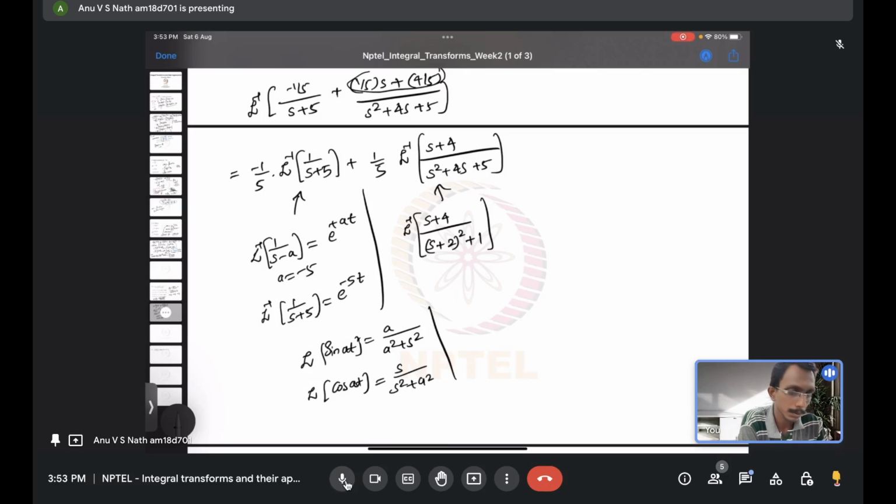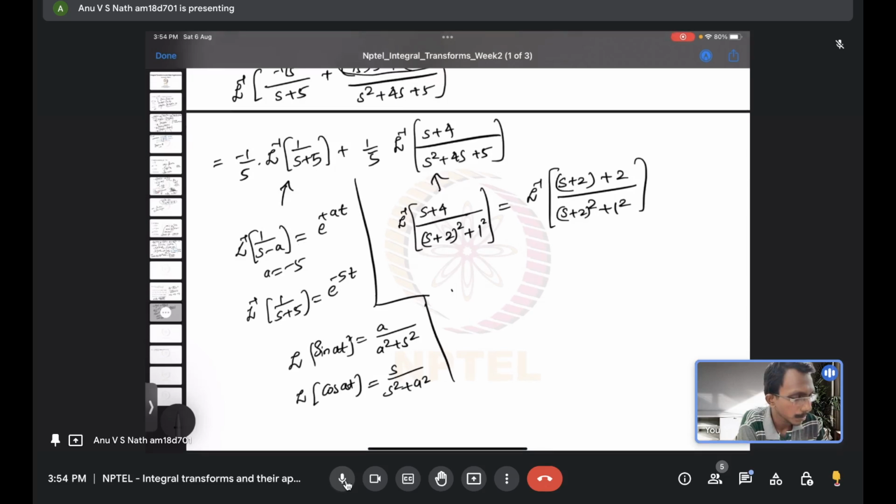So that's what we are going to use here. Before that, we need to do a shifting, because here it is not in terms of s, it's actually in terms of s plus 2. The numerator also we can split in terms of s plus 2. So it's s plus 2 the whole square plus 1 square.